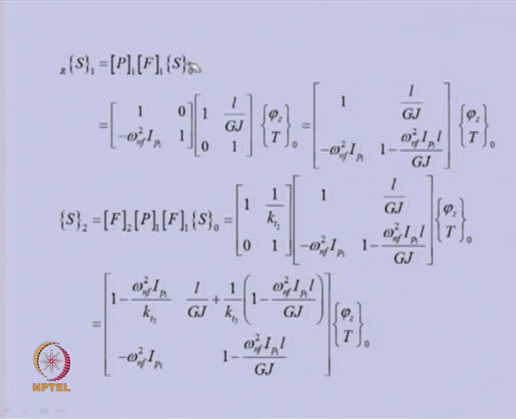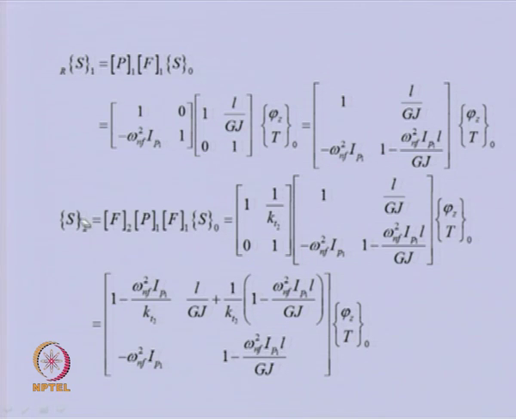Station 0 and right of disk 1 can be related by the multiplication of the field matrix and point matrix, and if we multiply this, this will be the expanded form of the transfer matrix. In this you can see the natural frequency expressions are there which is unknown, all other quantities are known. This is the state vector at station 0, and this is the state vector at right of disk 1.